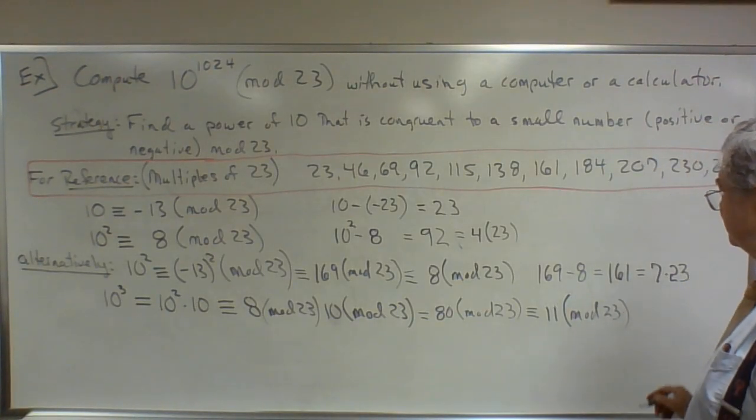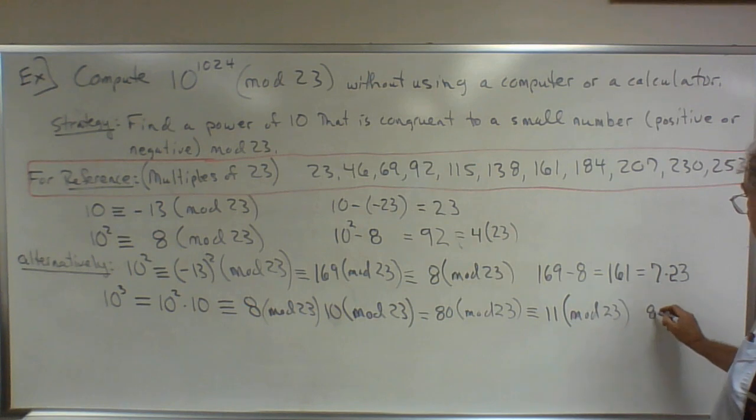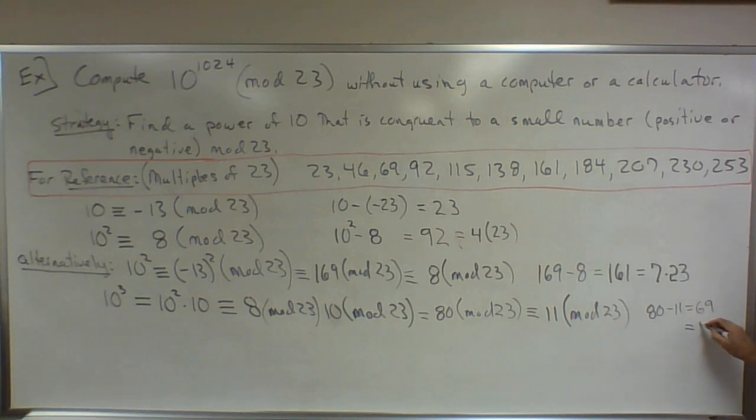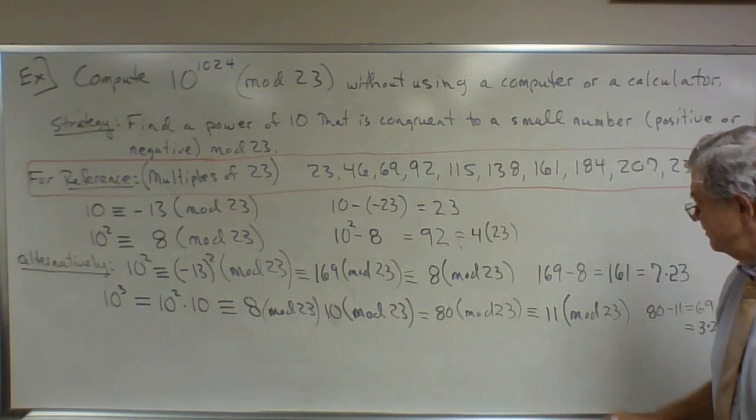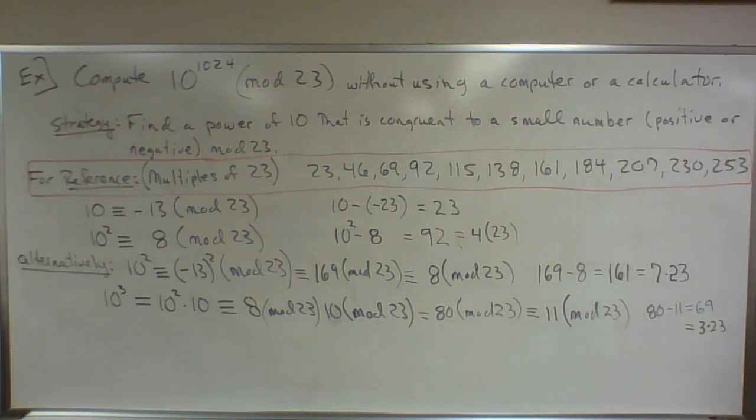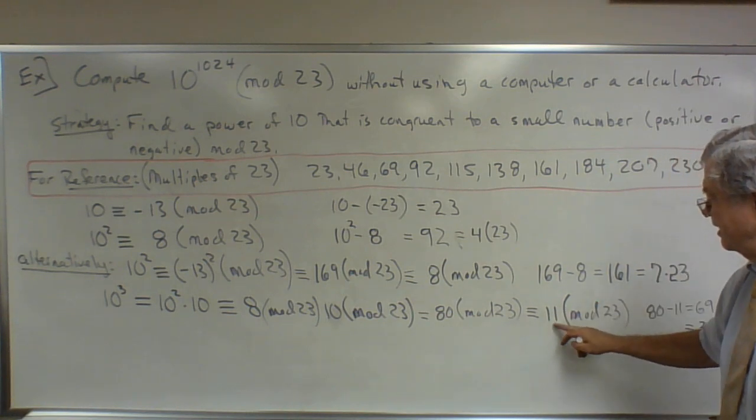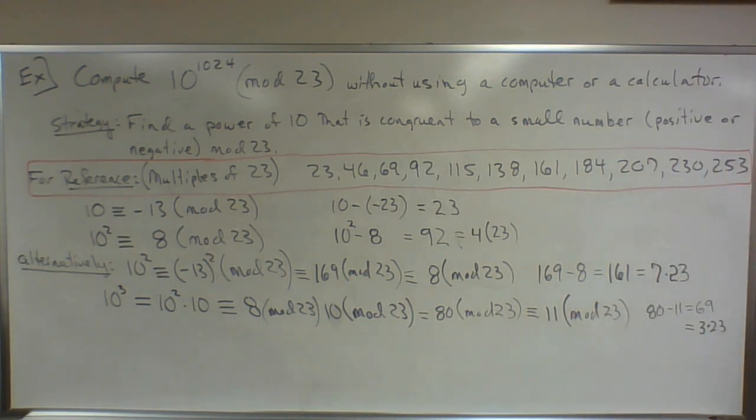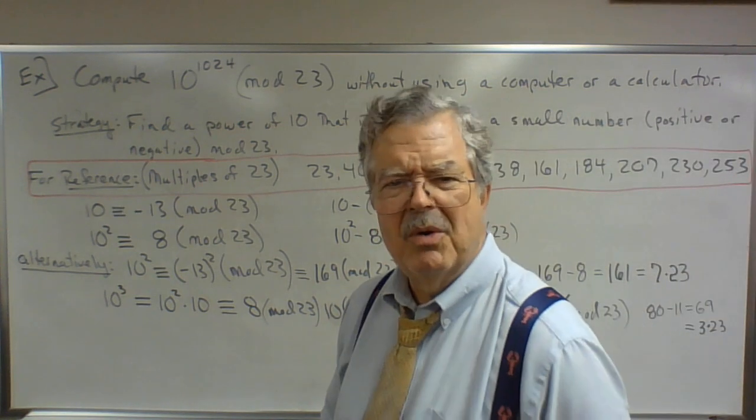And again, our reasoning is 80 minus 11 is 69, and that's equal to 3 times 23. So 80 and 11 are congruent mod 23 because their difference is a whole number multiple of 23. Well, I sure hope we hit the Holy Grail soon.